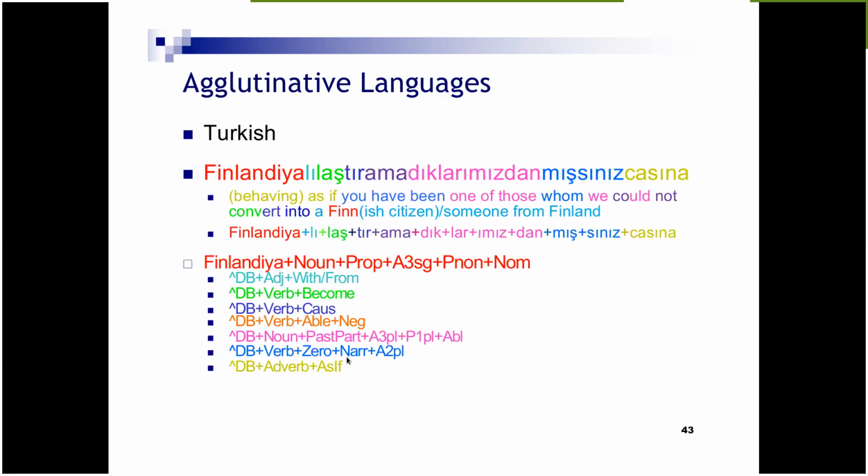Some languages go to an extreme, like this Finnish. I don't know how to read it, but they can have a whole word by adding so many bound morphemes to the root. Crazy. It's like a sentence in a single word. So languages are very different in this case.